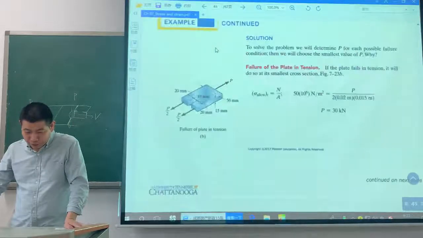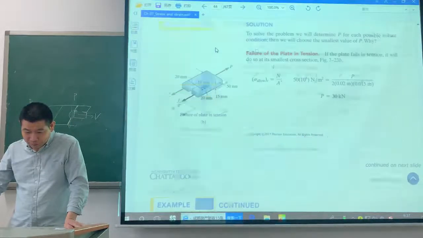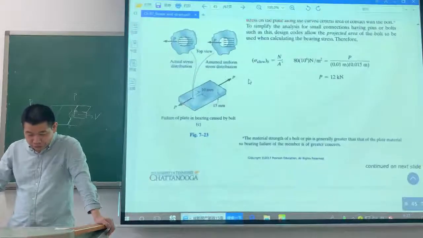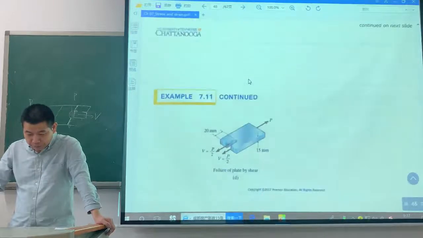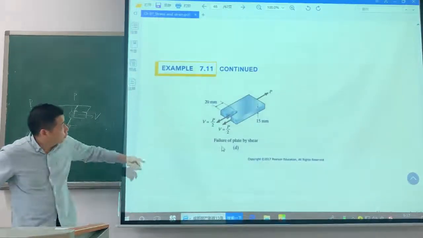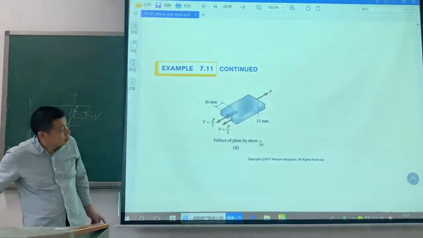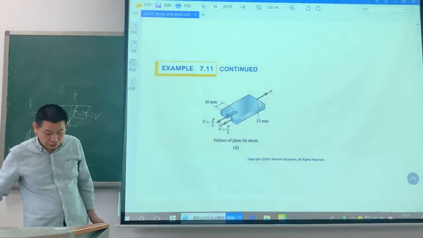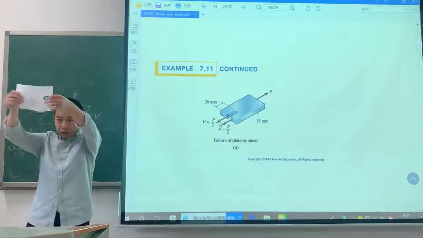It's a tension. Failure by plate is a failure of plate by shear. Understand? Failure by shear is this, in this case.